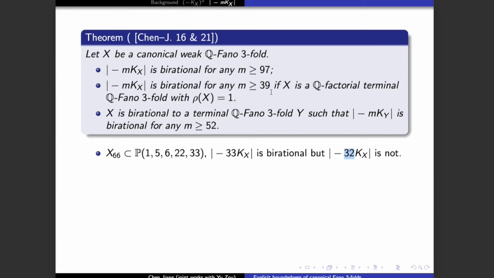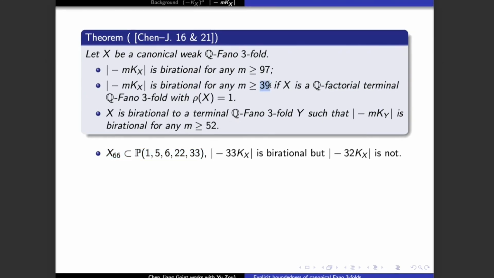So eventually we want to show that if m is bigger than 32, then minus mK is birational, because we believe that this is the worst example for birationality.